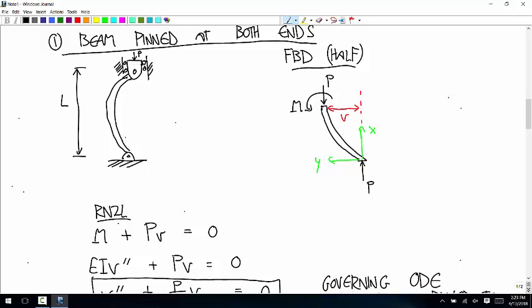The length of the whole thing is L. And so if this is the origin, we're saying that if you plug x equals 0 into that general function, you need to get a deflection equal to 0 because it can't move. There's a pin there holding it in place. And if you plug in x equals L, same thing. The deflection has to be equal to 0. It can do anything else in between, but we know it has to do that.